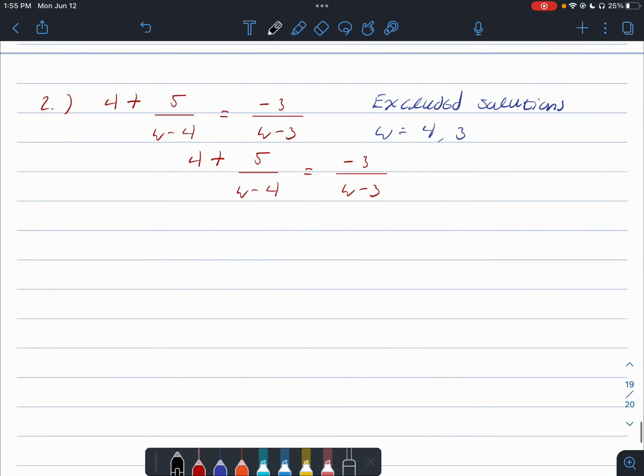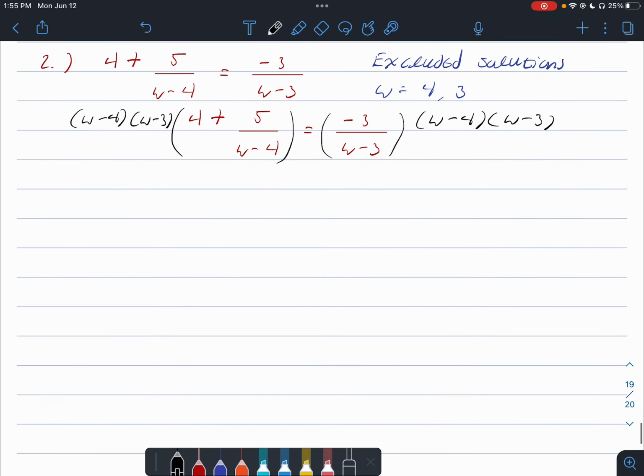Okay, so now what we'll do is we'll multiply both sides of this equation by w minus 4 times w minus 3. Okay, so to do this, I guess we can look at the left-hand side first. Let's distribute w minus 4 times w minus 3 to the 4 and then to the 5 over w minus 4.